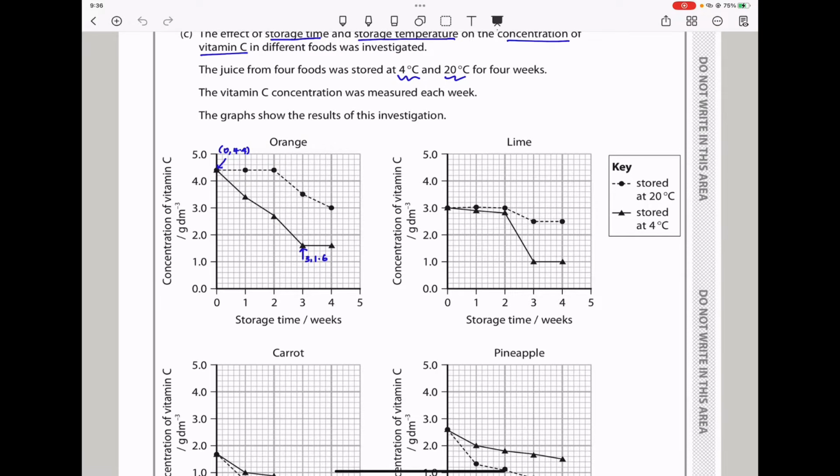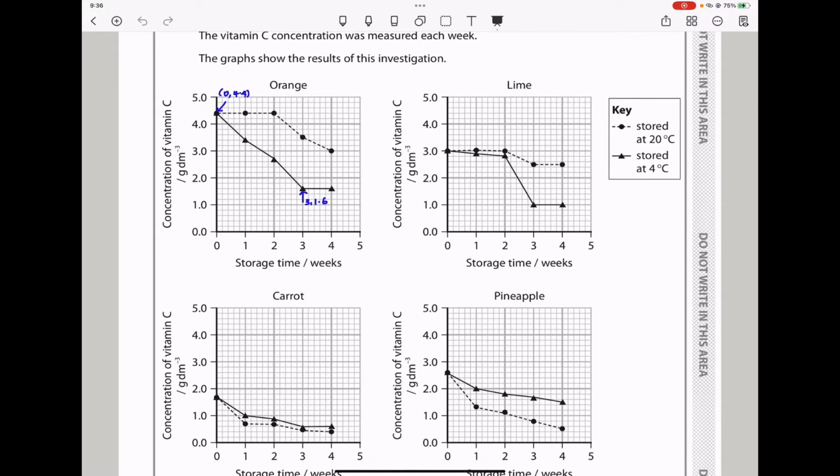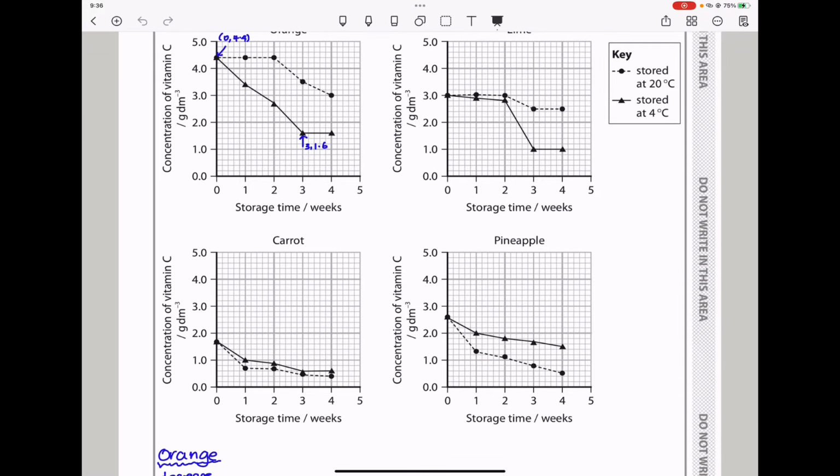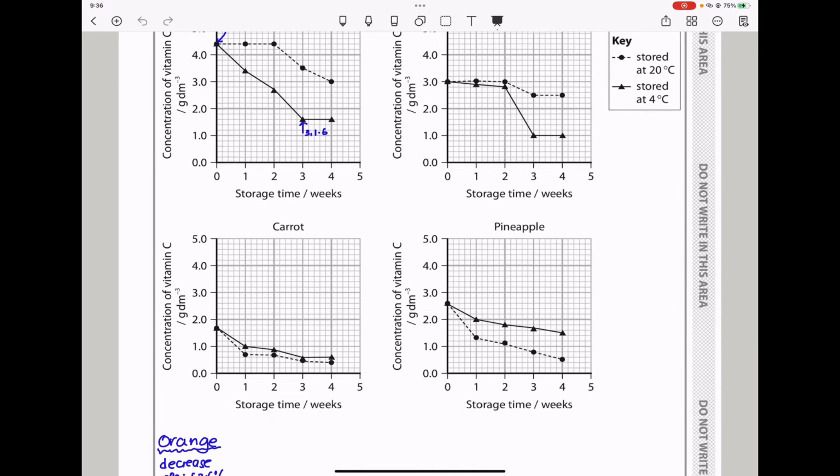So we have the orange, we have lime, we have carrots and pineapples, and we can see overall, because this is at 4 degrees and that is at 20 degrees, the lower the storage temperature, at least for oranges and lime, the faster the concentration decreases. But in the case of carrots and pineapples, we can see the one stored at a higher temperature decreases rapidly, so we can see storing at 20 degrees leads to a faster decrease in the vitamin C concentration.